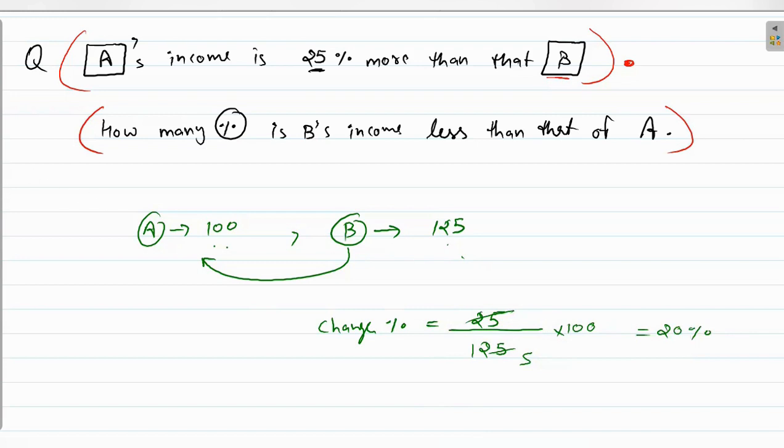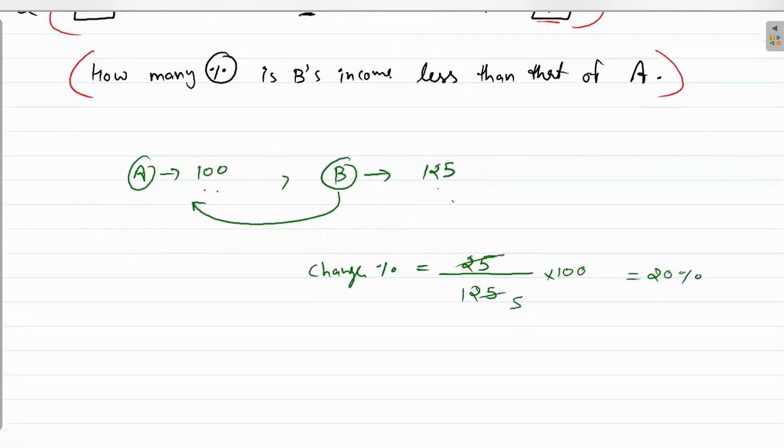Okay. Then one more question. It is now based on population. Okay, let's see. The next question: they are saying the population of a town increases 8% annually.